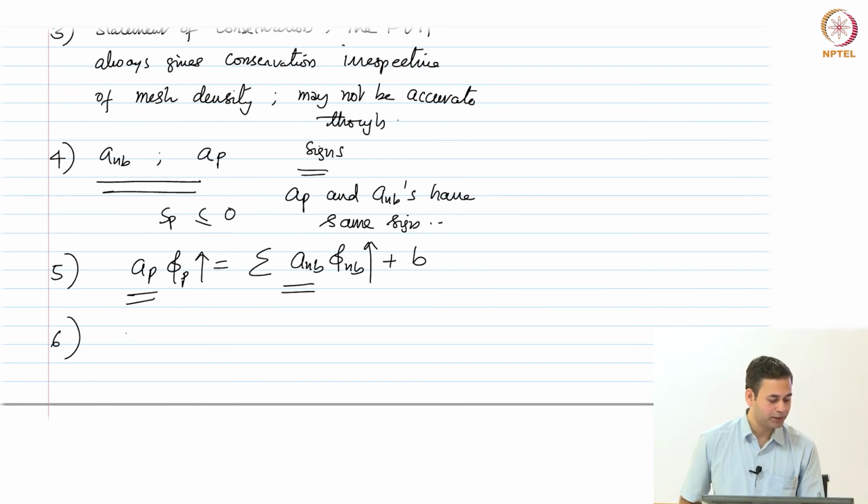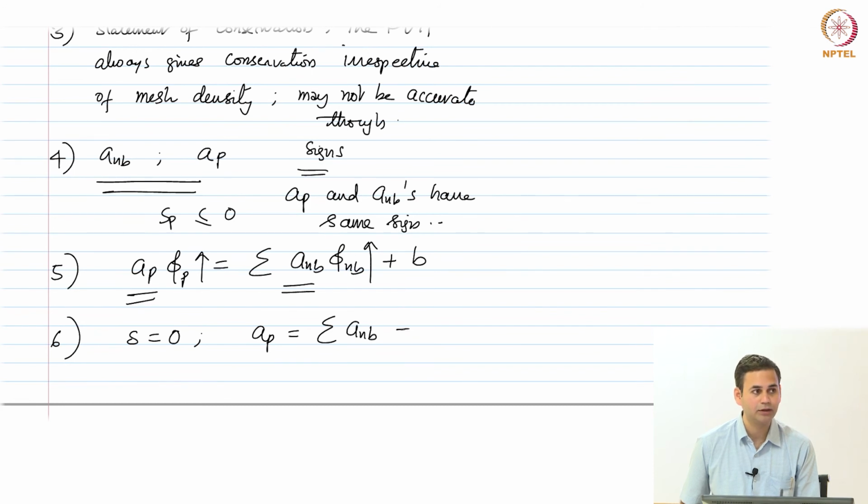The other property is in the absence of source terms, let us say S equals 0, okay. What is AP? AP is sigma A and B minus SP times delta V, but we have said that the source is 0. So, what is AP? AP is simply the summation of sigma A and B. Okay. Now, what does that mean?